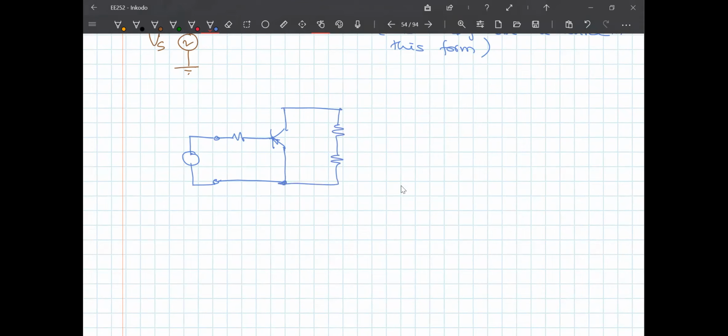Those are the three components that I have. This is the output, this is the input, right? So what is my input? This is my input, this is my output, V out. This is RC, this is RE, RS, VS. So this is my circuit without feedback.